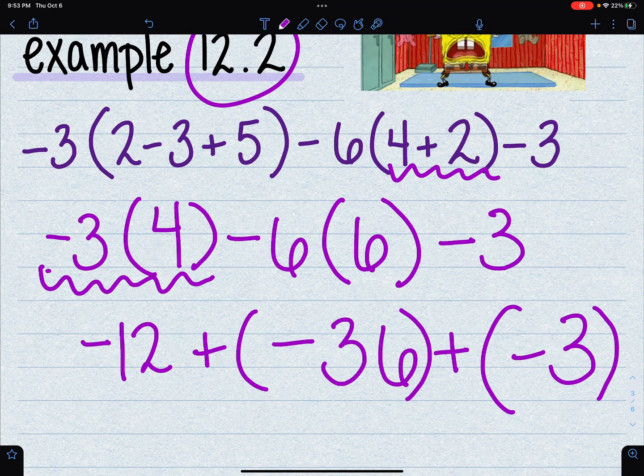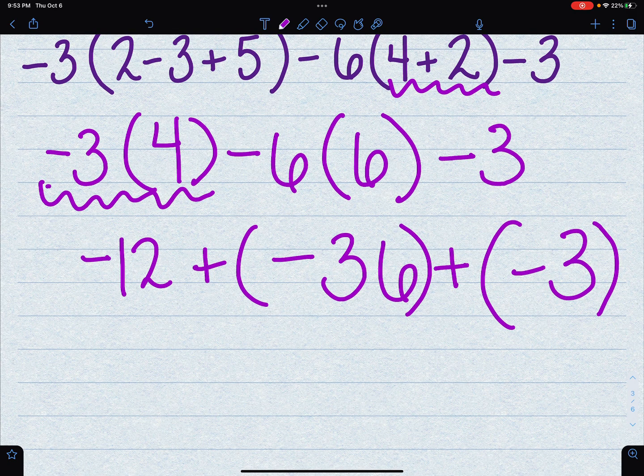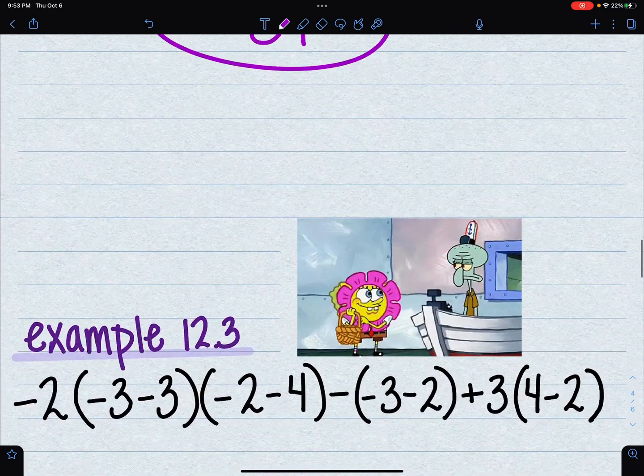So we're adding all those negative numbers together. You're basically adding 12 plus 36 plus 3, which is 51, but it's all negative. It's all to the left of 0 on the number line. So I can do that. Bam. Easy, right? What about this one?